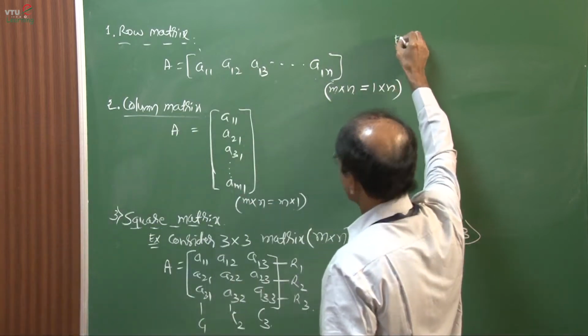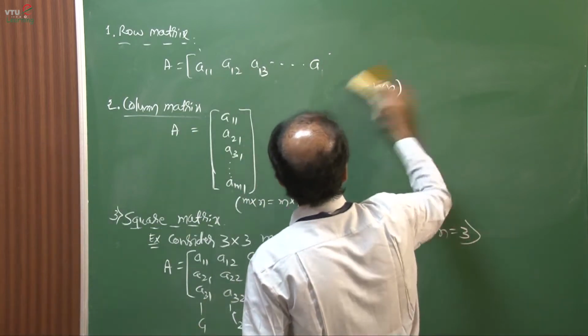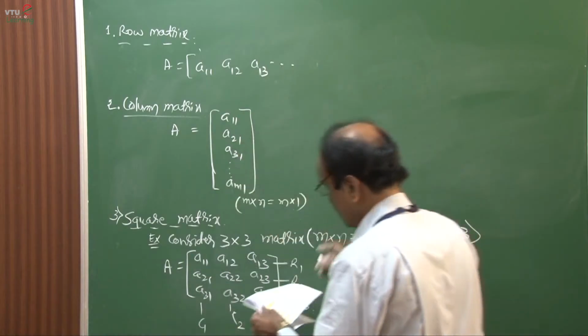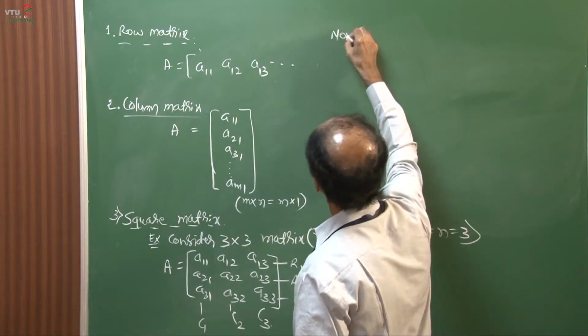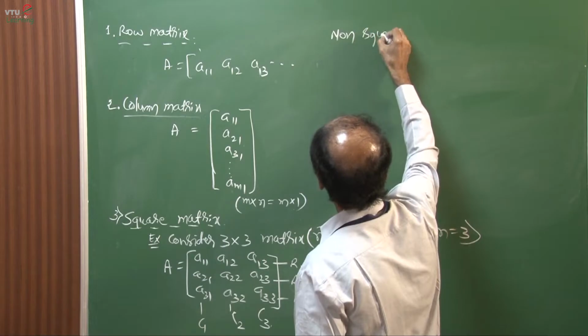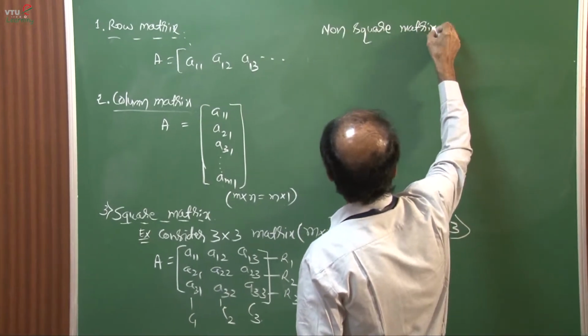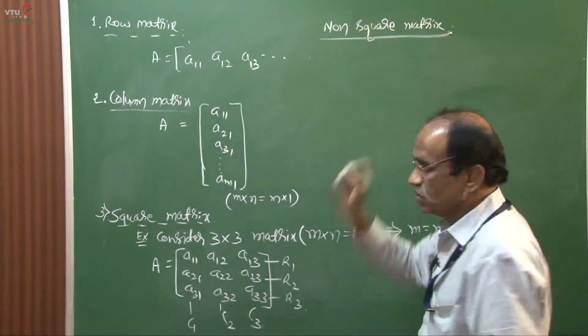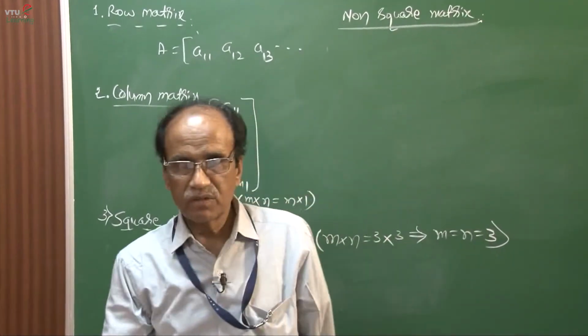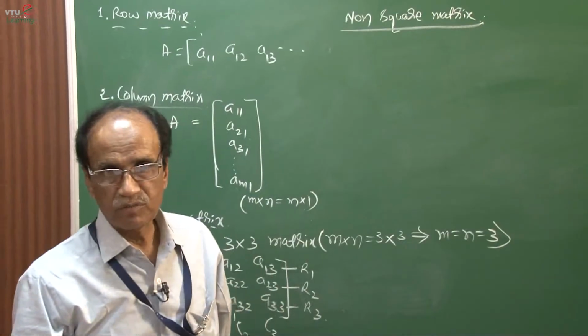And the next one, the non-square matrix. Non-square matrix means the number of rows is not equal to the number of columns, or vice versa.